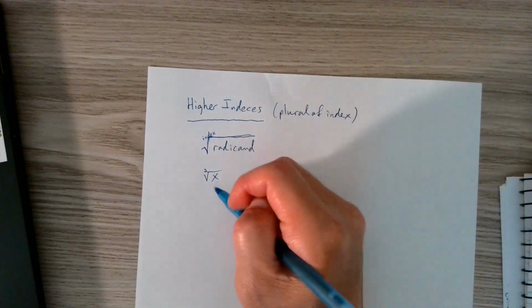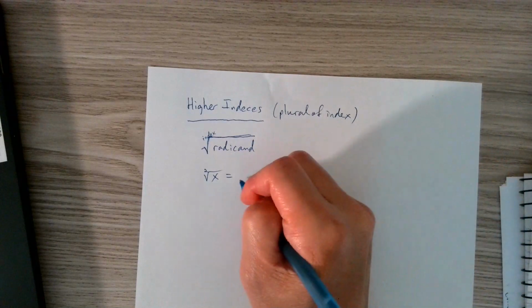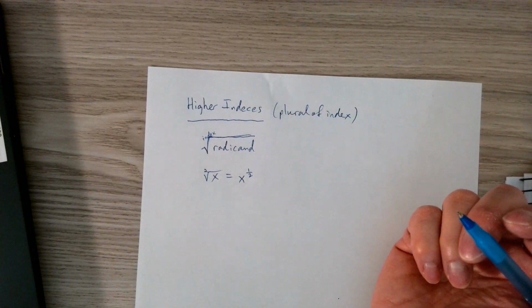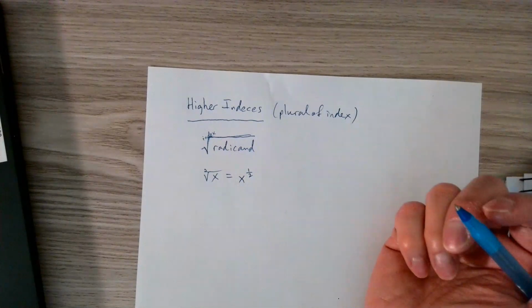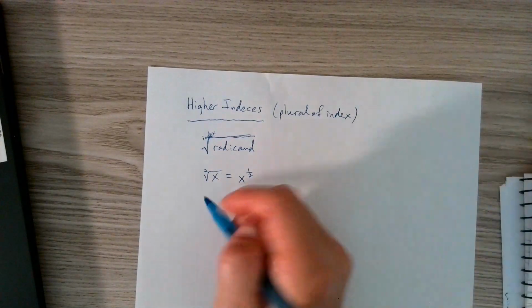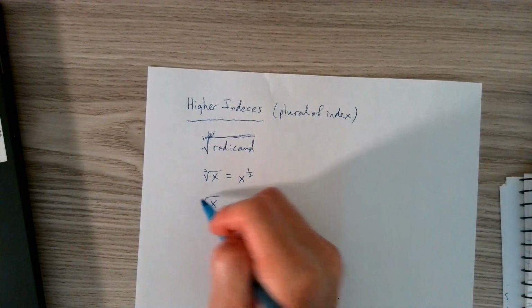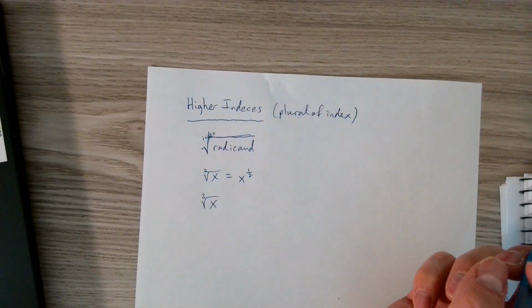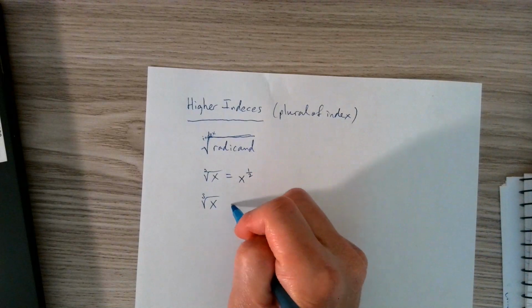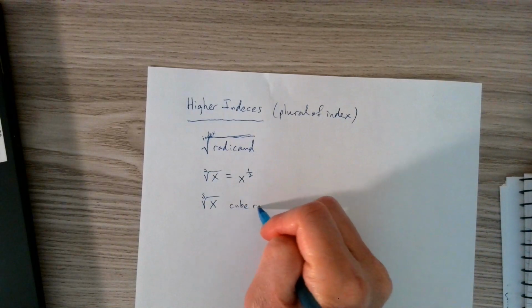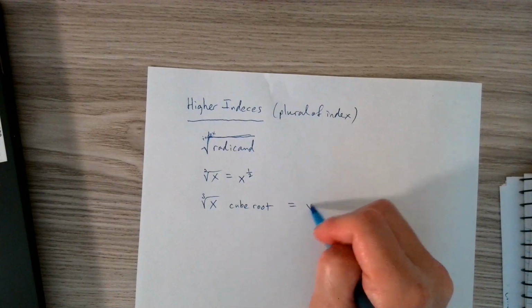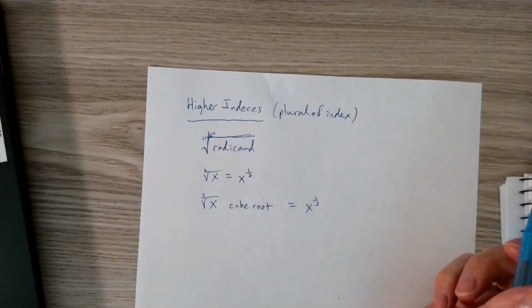Square root of x means the same as x to the 1/2, which means that index could be other numbers as well. So if you have a 3, this means cube root as opposed to square root, and that is equivalent to x to the 1/3 power.